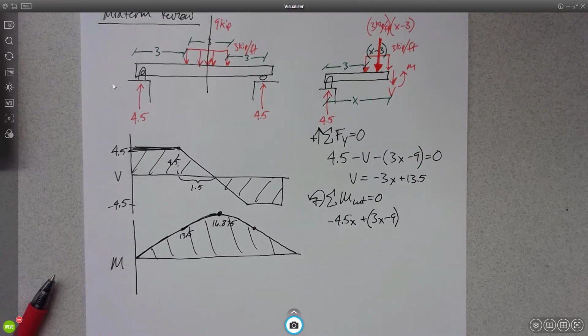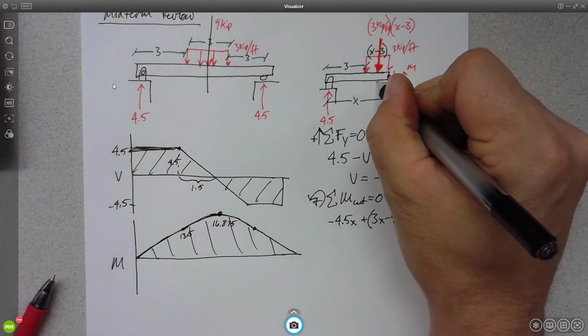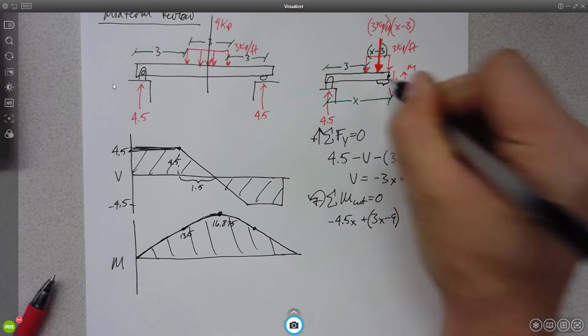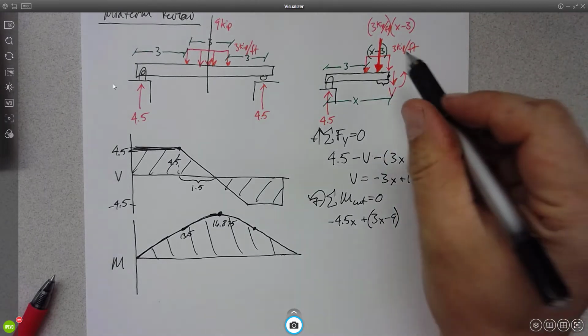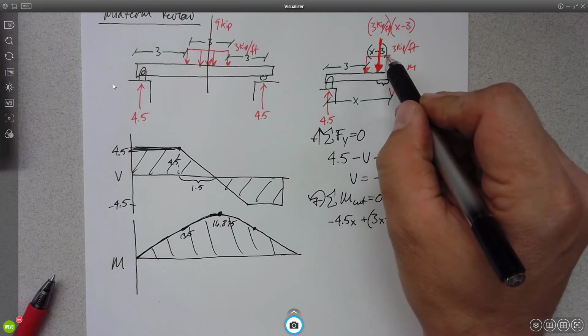No, because I'm summing my moments about this point here. So I need to figure out what this distance here is. We know that the whole distance of the distributed load is x minus 3.